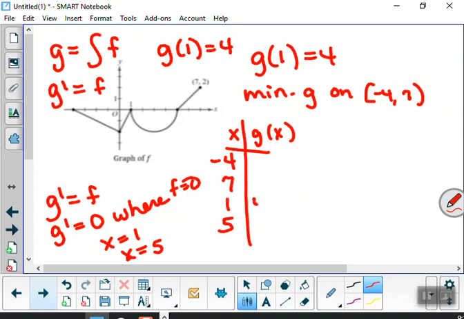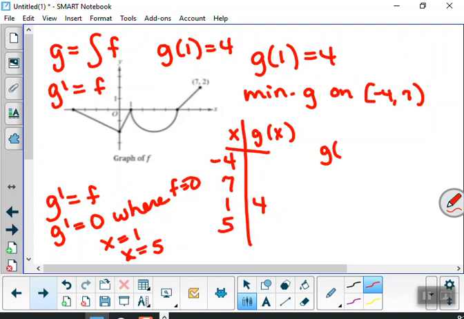So I know that one's 4. The other ones, I can use the fact, even though G is not defined as a specific integral of F, G is the integral of F.